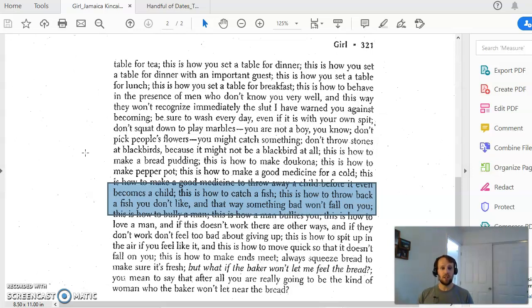This is the section I'm referring to: "This is how to catch a fish. This is how to throw back a fish you don't like, and that way something bad won't fall on you." My question to you is, how does that have to do with relationships? And how does that have to do with relationship advice?